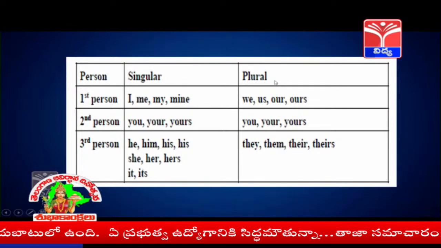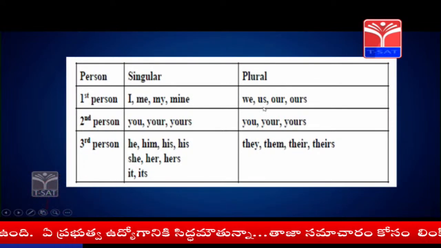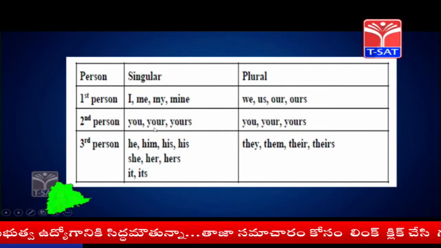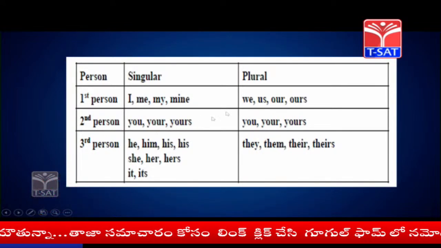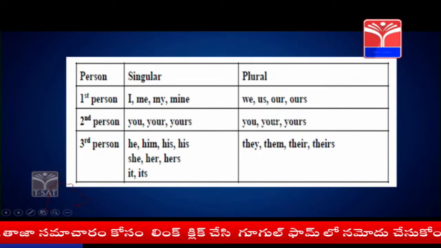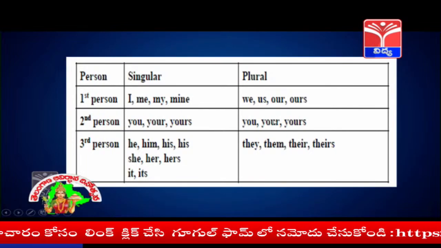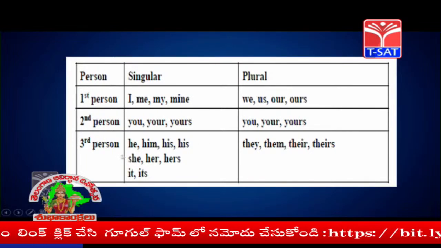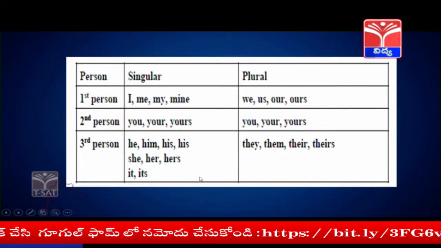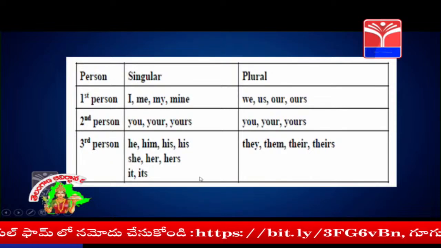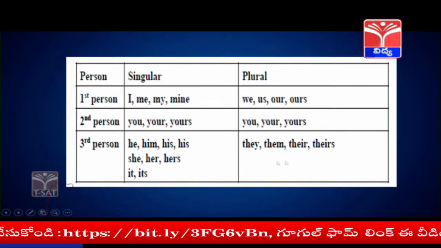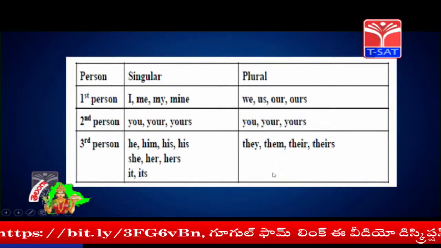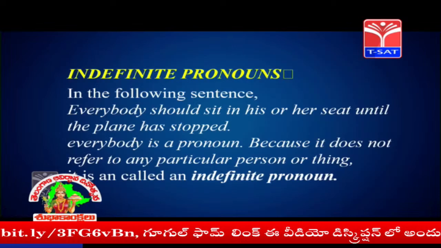Plural: we, us, our, ours. Second person: you, your, yours, singular number, and plural: you, your, yours, same, you remains the same. Third person singular: he, him, his, she, her, hers, it, its. Plural: they, them, their, and theirs.